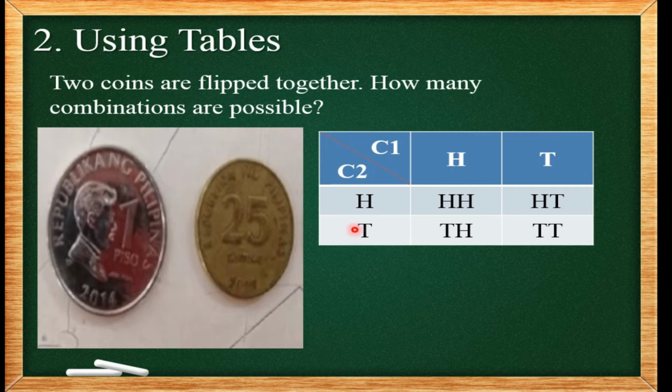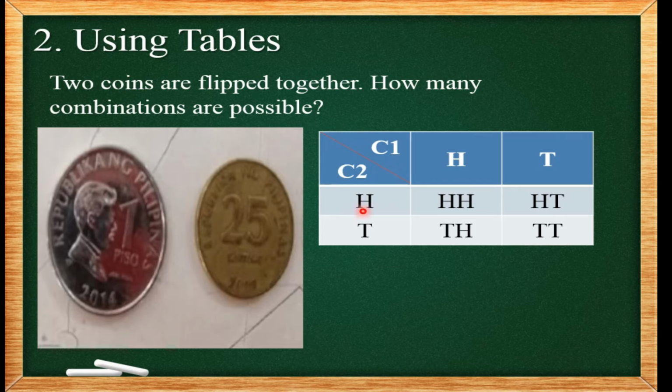Now to get the possible combinations, you combine. However, consider the order by which you are writing down the possible combinations. You write the outcome for C2 first. This is not seen with head and head because you have the same thing, but could be seen when you have head and tail.